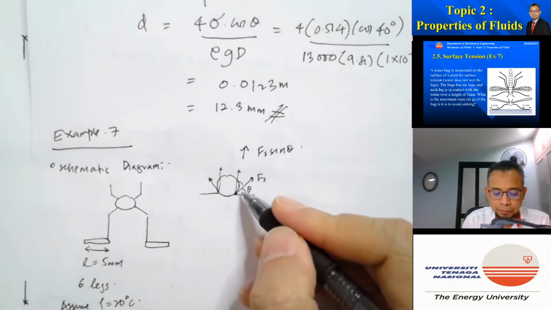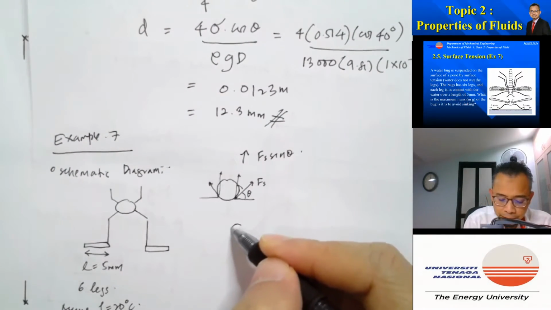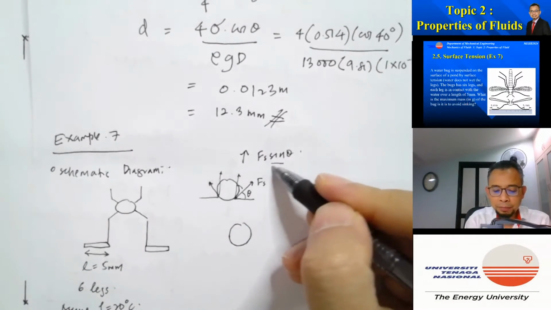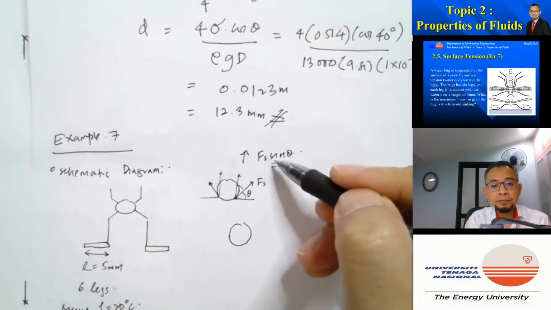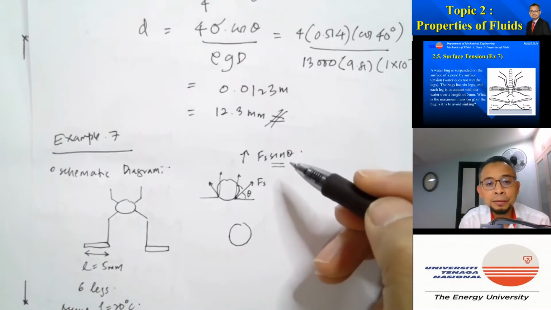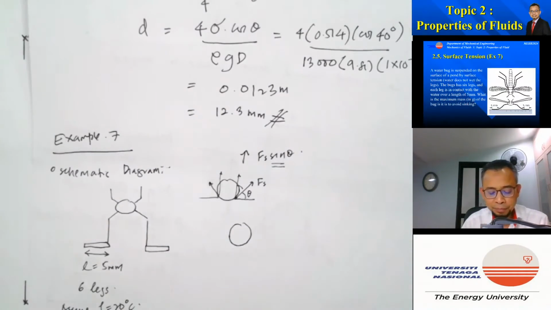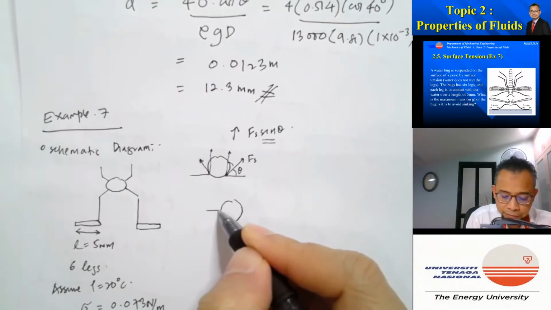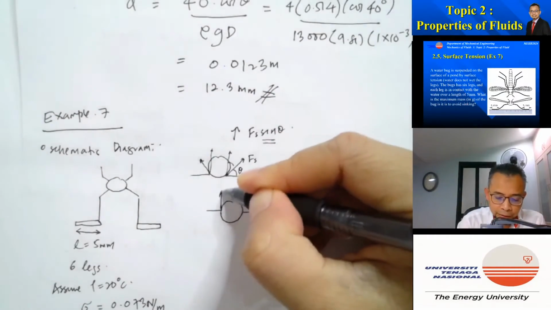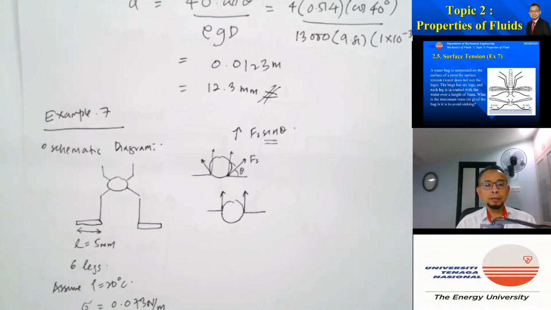But as we increase the weight, the value of theta will be bigger, so the surface tension force also will be bigger. Theta is highest at 90 degrees. So at the maximum mass, the surface tension will be exactly upward like that.